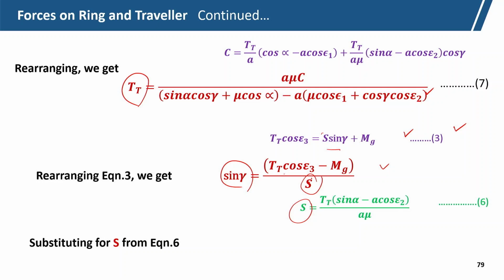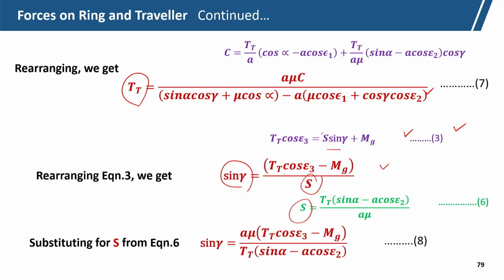So, we get sin gamma equal to A mu T t cos epsilon 3 minus m g divided by T t in sin alpha minus A cos epsilon 2. So, just by rearranging we get sin gamma.